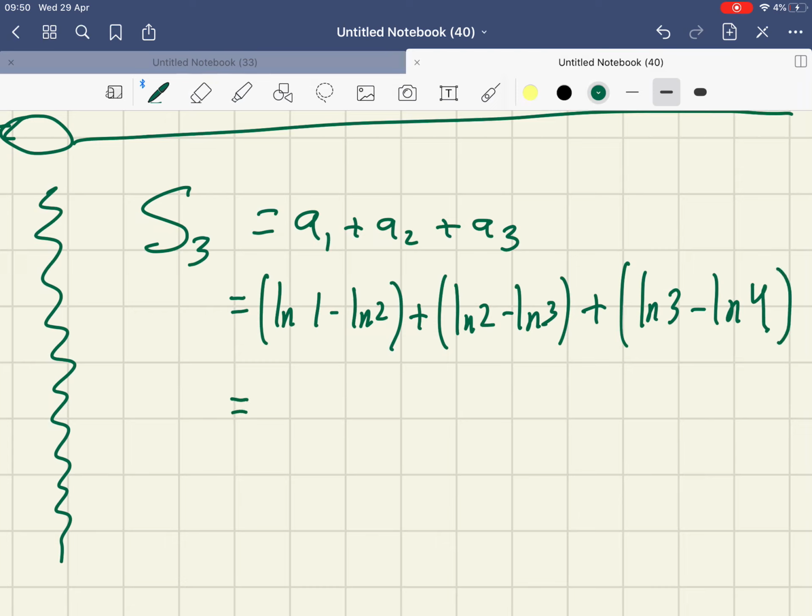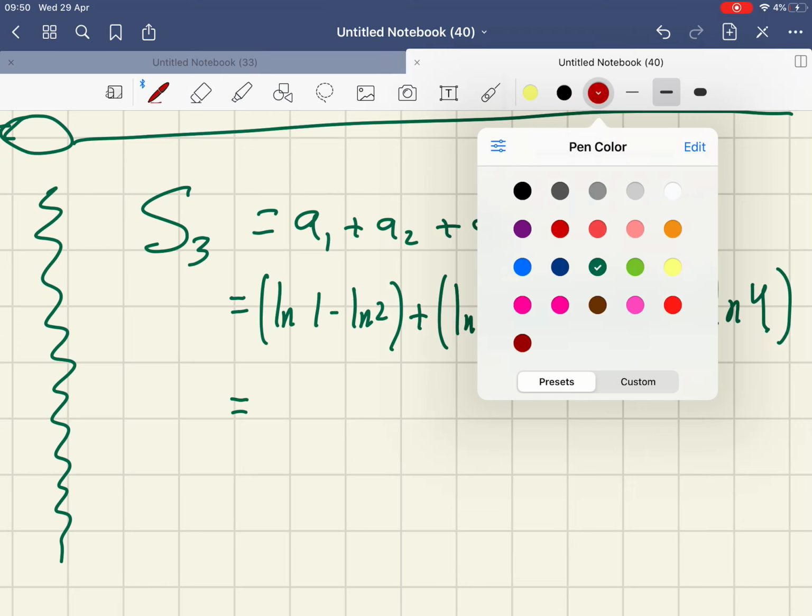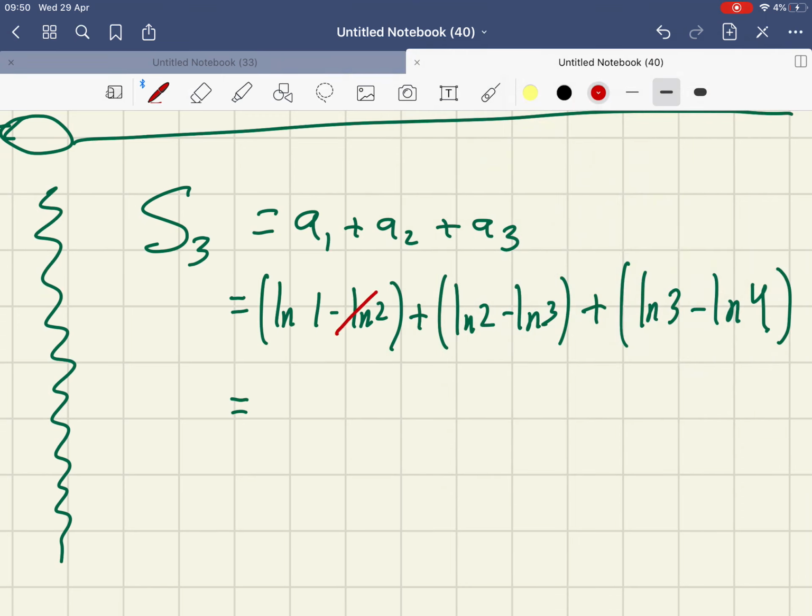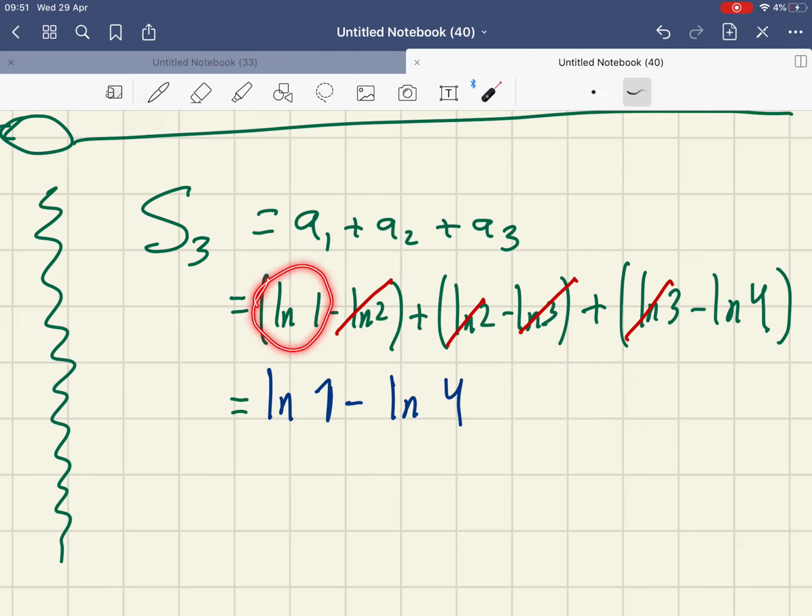Can you see the cancellation, and which ones survive and which get cancelled? ln 2 with ln 2, ln 3 with ln 3 get cancelled. The only terms that survive are ln 1 minus ln 4, which is again the first one and the very last one. We can try S4 and we will see the same pattern, the first one and the last one.